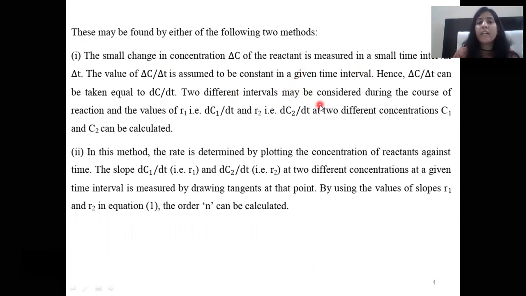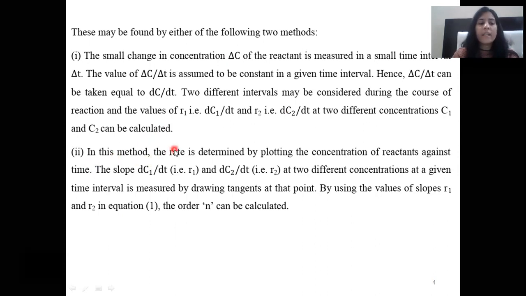So, two different intervals may be considered during the course of reaction and the values of R1, that is dC1 by dt, and R2, that is dC2 by dt, at two different concentrations C1 and C2 can be calculated. We take any two values of R1 and R2 at any two different concentrations.